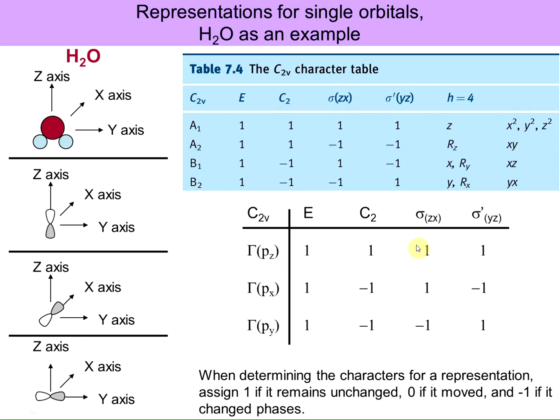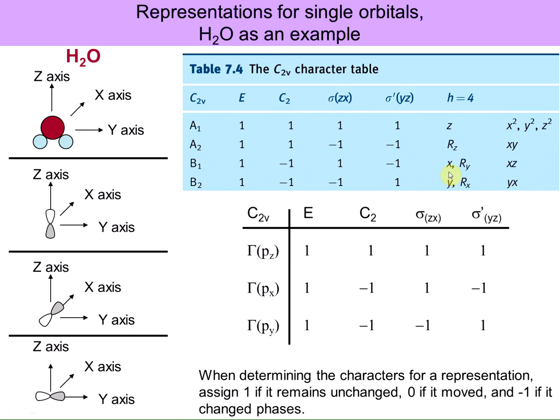So 1, 1, 1, 1 all the way across. And so you'll notice that this corresponds to the A1 irreducible representation. But the nice thing about this too is because the oxygen lies on the principal rotation axis, I could just look over here to the right and I see the z here. So this describes that pz orbital. And I can do the same thing for the x, so the px or the py.